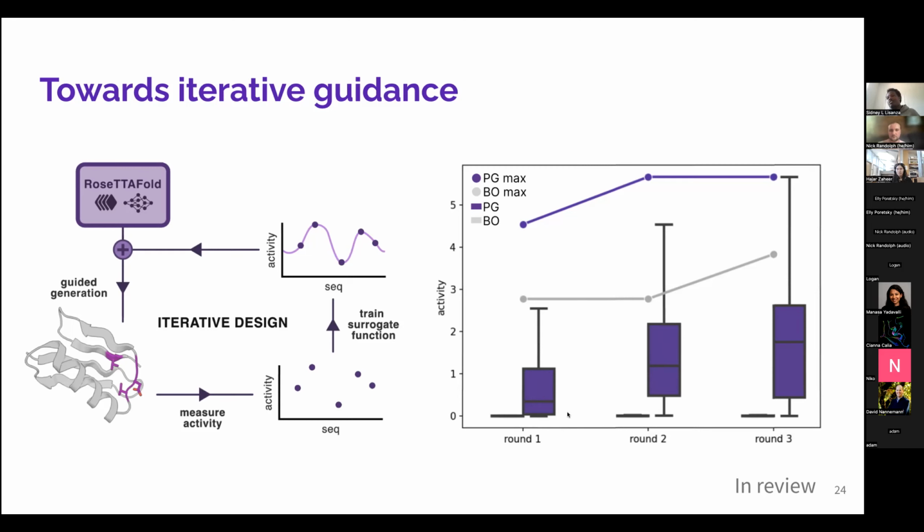One thing to note is that each round has 96 designs, so we're in the low-data regime, which is really hard to model. We think our model has an explicit understanding of the sequence-to-structure relationship, which it is able to leverage during the design process to give you more active variants with fewer rounds and fewer examples of designs.